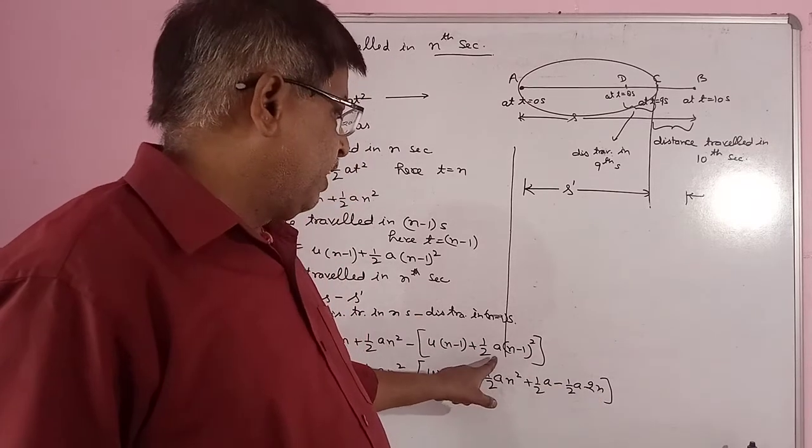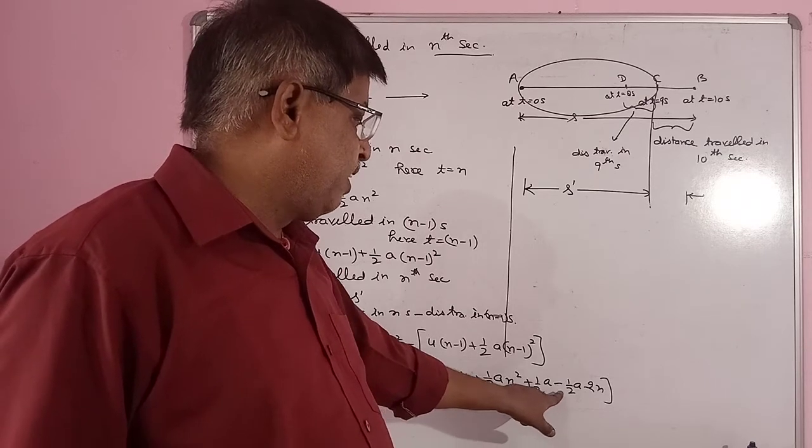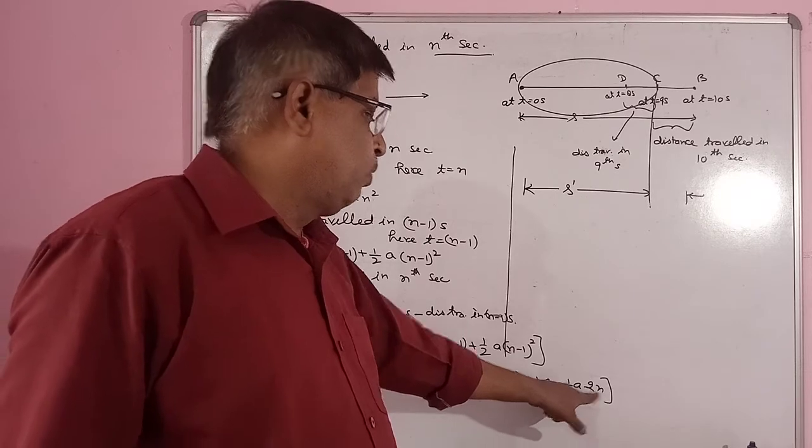When we multiply half a, this becomes half a n square plus half a minus half a into 2n.